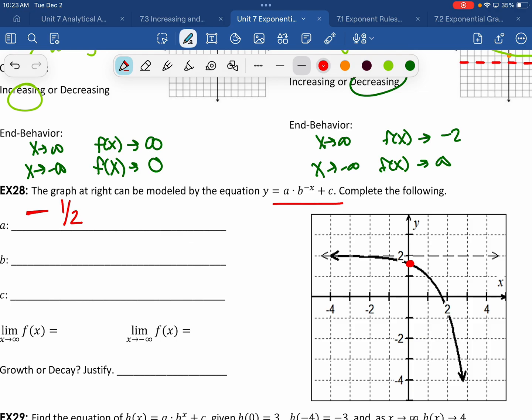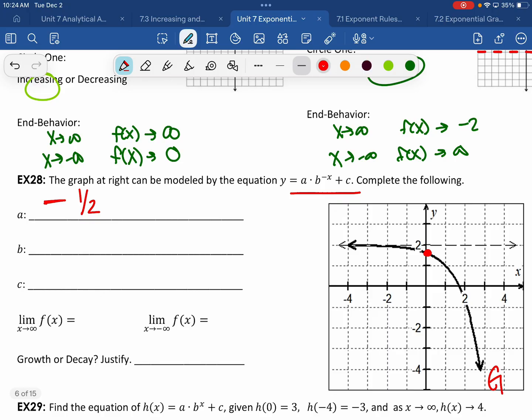The b value is a growth or a decay. We can't figure out what b is, but we can say whether it is bigger than 1 or a fraction less than 1. Is this function a growth or a decay? Is it moving away from the asymptote or toward it? Away, so it's a growth. If it's a growth, b would be bigger than 1.